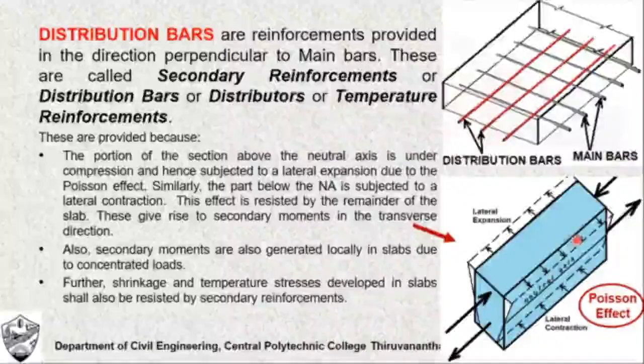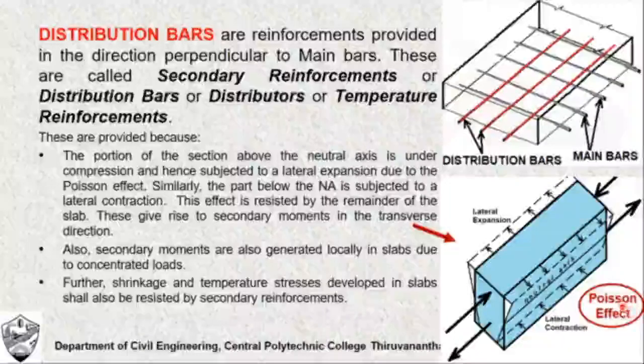Such stresses are not good for the slab, and to resist their effect we should provide reinforcements in the direction perpendicular to the main bars, and we call them distribution bars, or secondary reinforcement. That is exactly why we call them secondary reinforcements, because they are meant to resist the secondary stresses in the slabs, imposed due to Poisson effect.